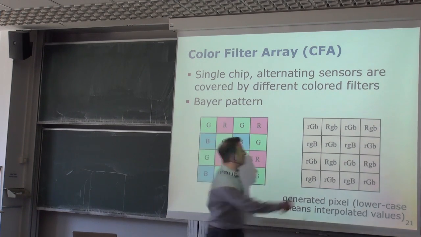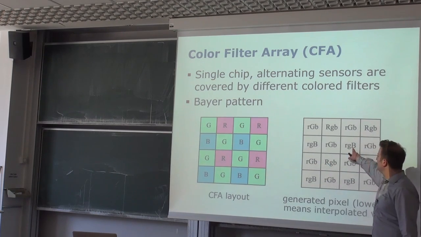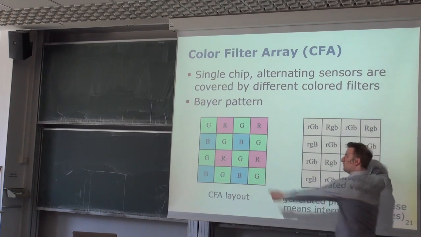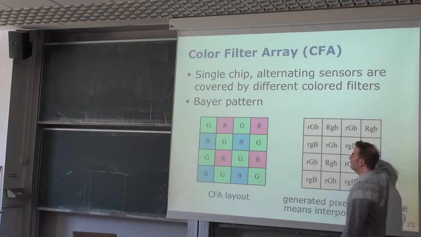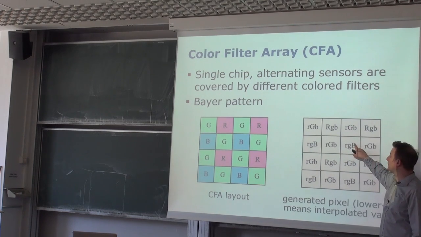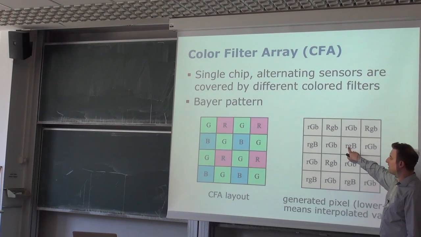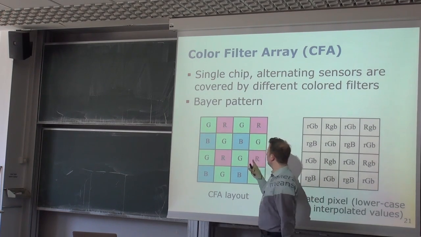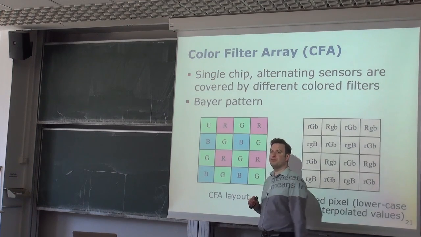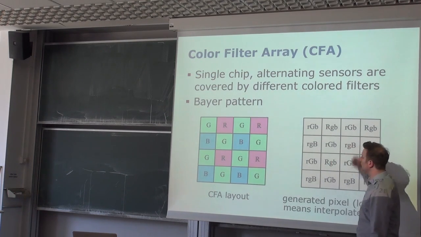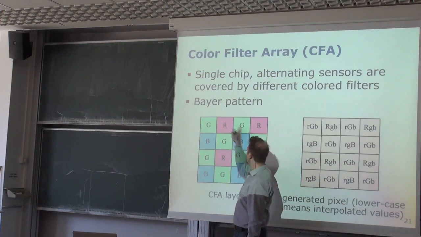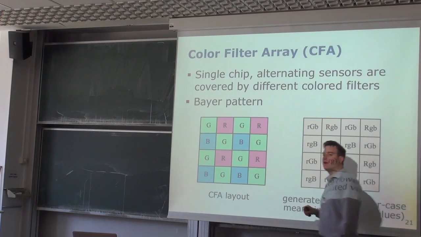So if I, for example, want to compute the RGB value for this pixel over here, corresponding to this one. So blue, I don't need to interpolate, I can just take that directly. Red and green, however, I need to interpolate from my neighbors. So maybe I can say, okay, take the average of those pixels over here, and say, hey, this gives me my red value, and those ones result in my green values.